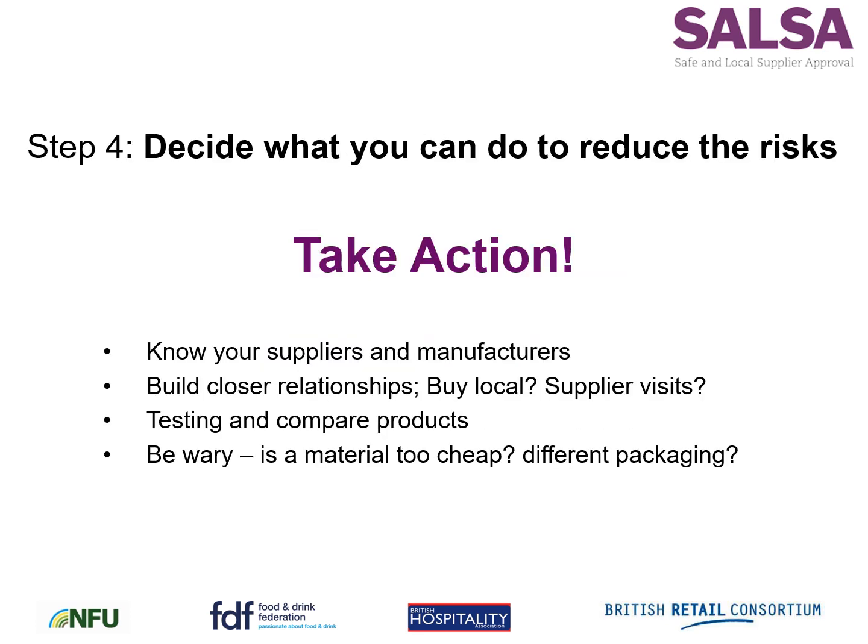In steps 1 to 3, you looked in more detail at your suppliers and your raw materials and evaluated the risk of adulteration or substitution. Step 4 requires you to take action. It is hard to remove the risk completely, but it is possible to become more aware of the risks and to take responsibility for doing what you can to reduce the risk.